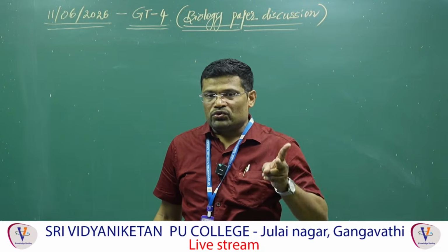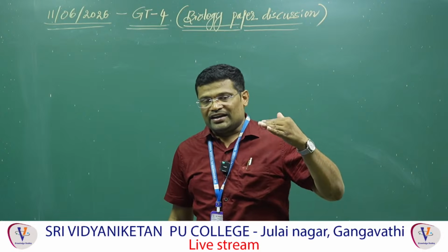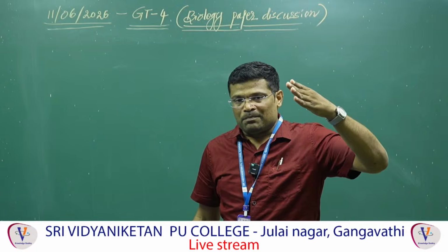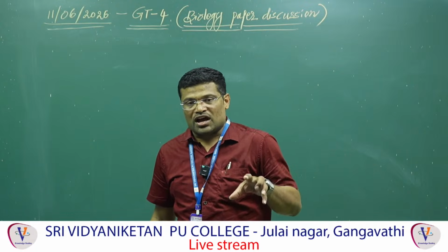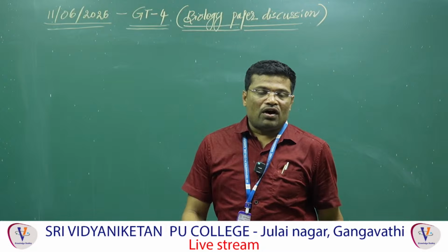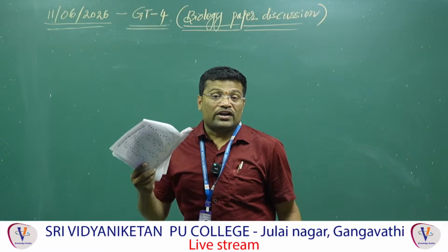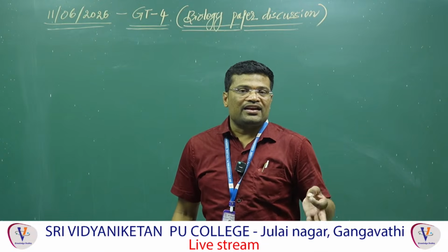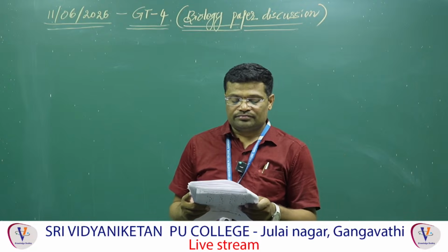Scientific name includes two names: number one, genus; second one, species. While writing in English, genus name must start with a capital letter and species name with a small letter. So after the species name, we write the author name either in full or in abbreviated form. Answer is 3.